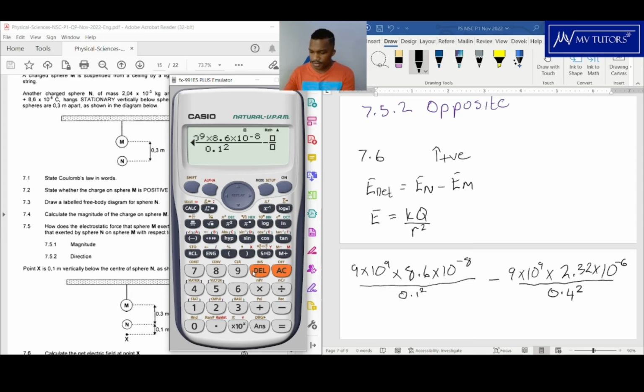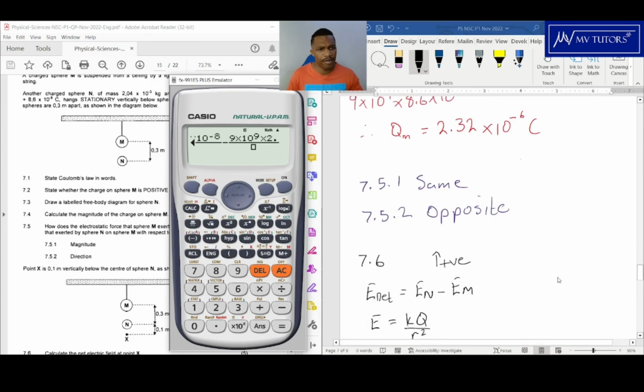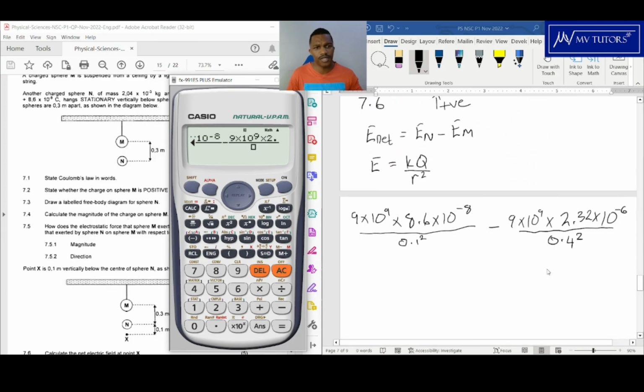Sorry about that, that was thunder. So we've got 9 times 10 to the power 9, times 2 point, was it 32 or 23? I can't remember now. 32. It's fine. 32 times 10 to the power -6. Then we go downstairs, that's a 0.4 distance and it must be squared. That's our final answer.